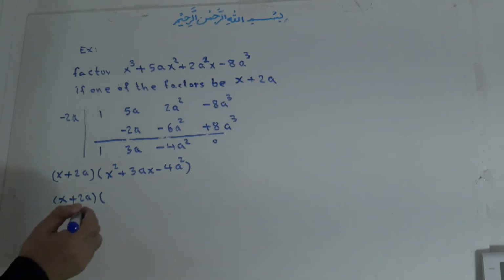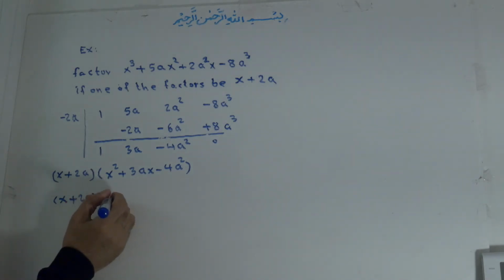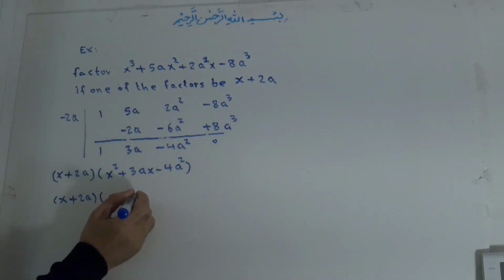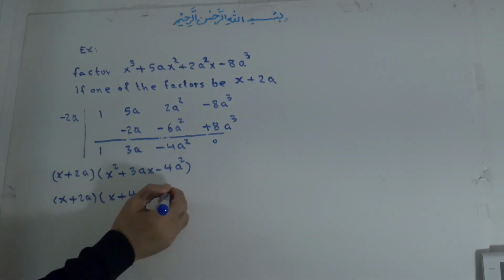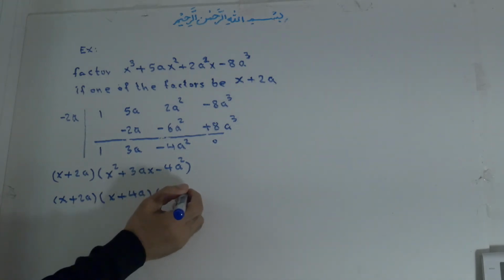That is x plus 4a and, as we know from the previous lessons, x minus a or 1a.